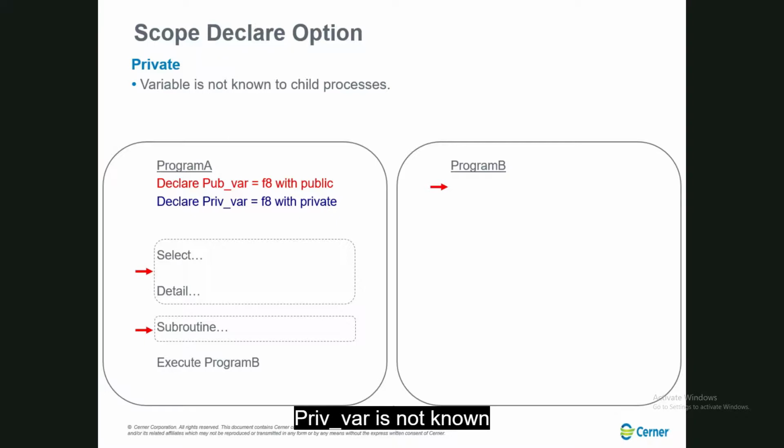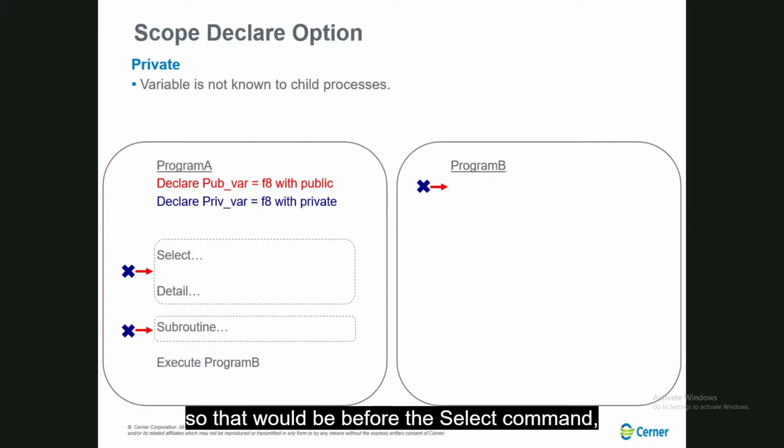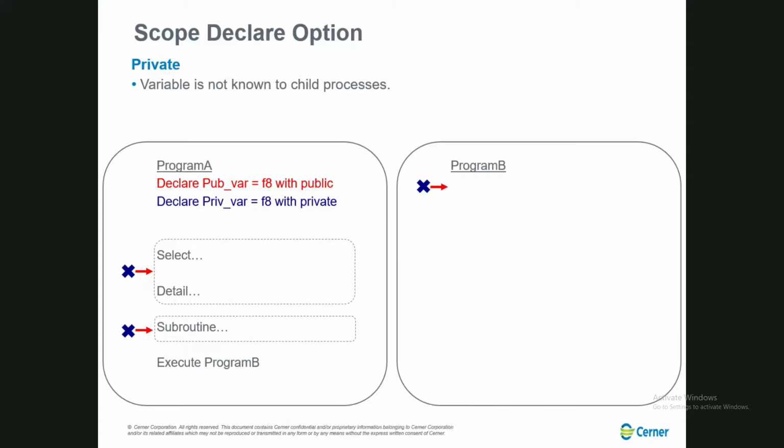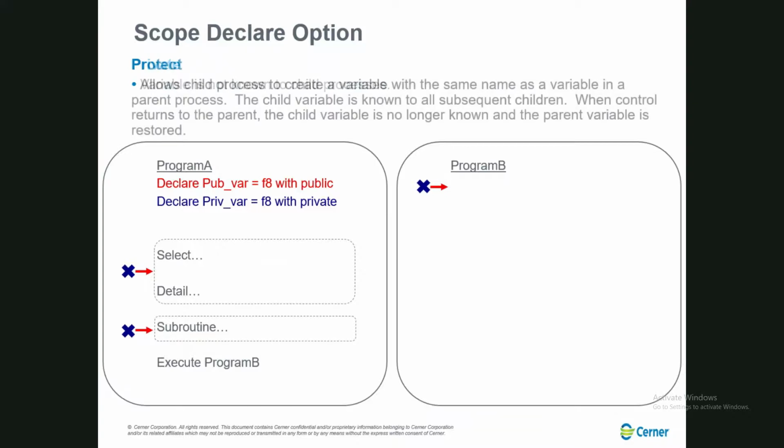Privvar is not known in the select command, the subroutine, or in Program B. This variable would be known outside of those sections in the main program of Program A. So that would be before the select command, between the select command and the subroutine, and so forth.